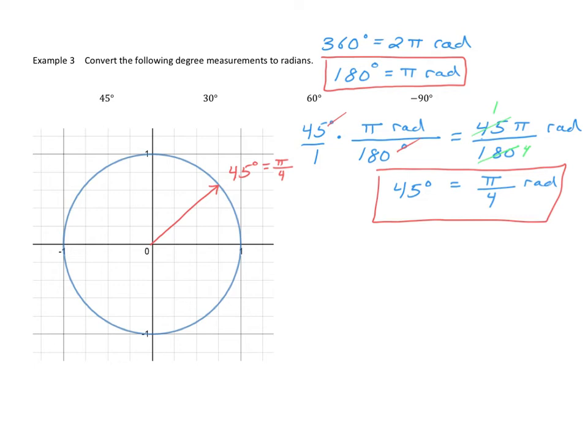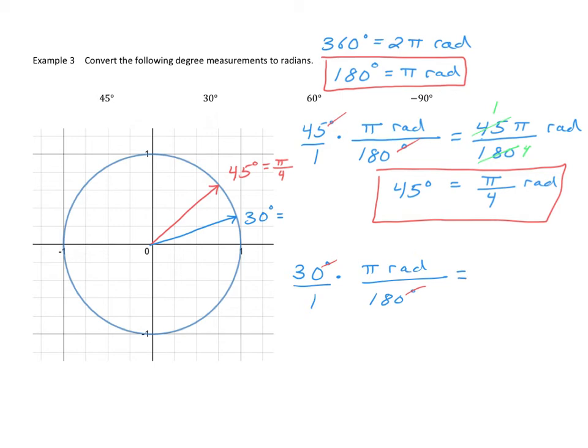Let's do the same thing for 30 degrees. All right, so here we have 30 degrees. I know that's located about here. There's 30 degrees. But what is that in terms of radians? So I take the degree measurement, I multiply by my conversion factor, which is pi radians over 180 degrees. The degrees cancel, and I have radians left over.